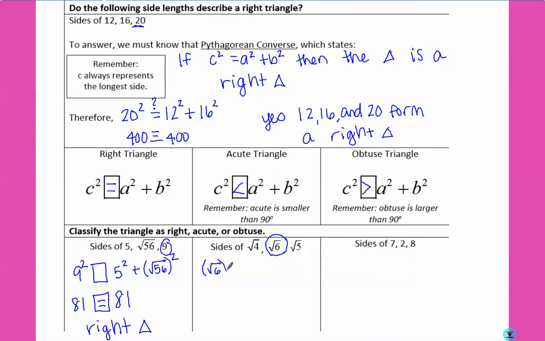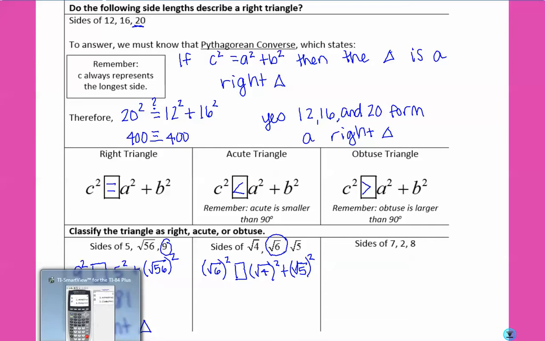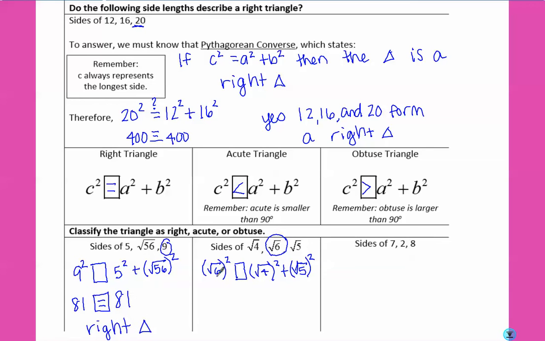Square root of 6 squared, compared to square root of 4 squared plus the square root of 5 squared. Do you know what the square root of 6 squared is going to give us?